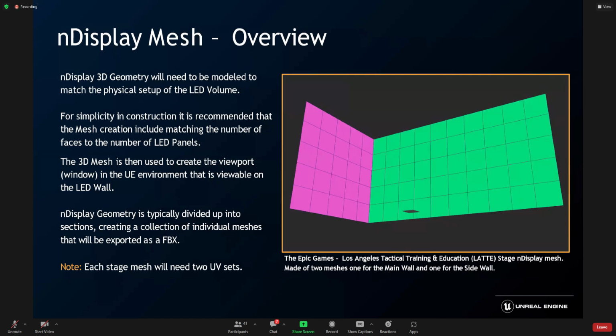It's trying to get alignments correct so that parallax within your virtual world and your real world, the actors and props in front of it, all align properly, so that the viewer can't tell that they're looking at a wall, that it isn't a green screen. It's better alignment.